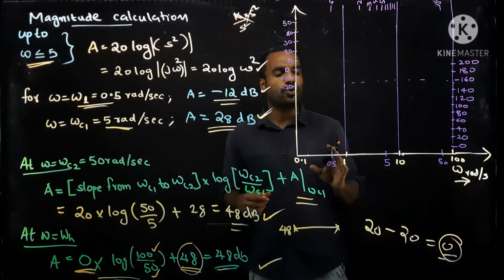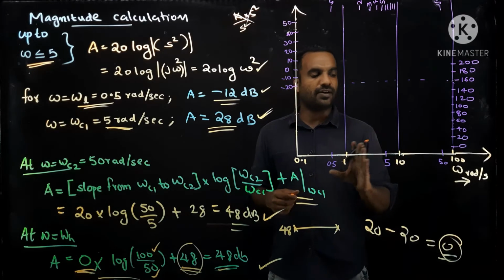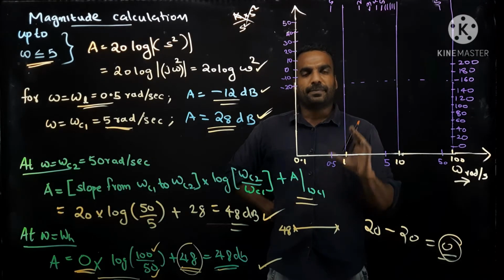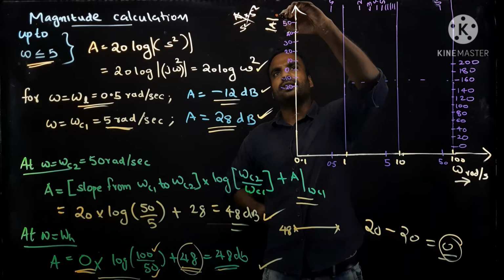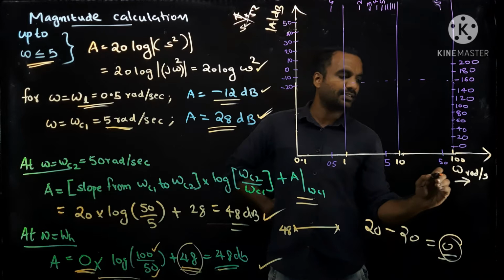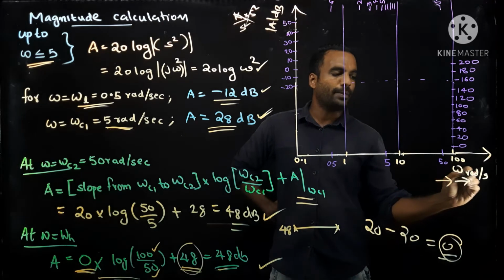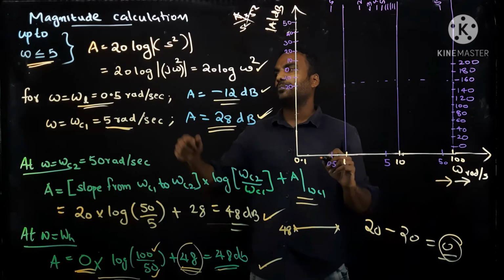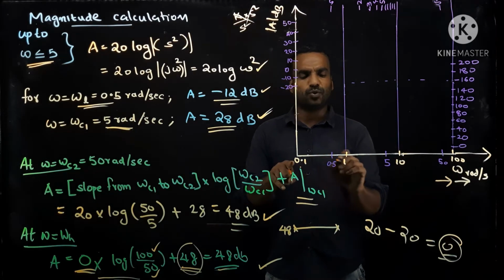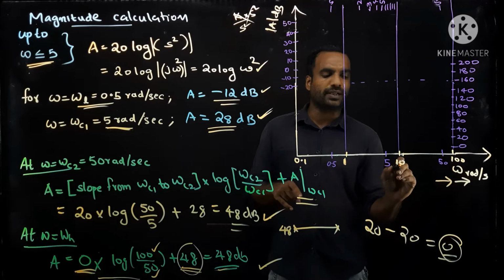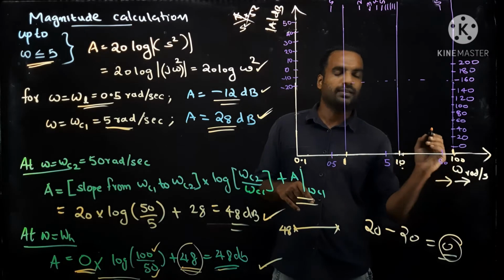Anyhow, now I am going to mark these points on our semi-log graph sheet. This axis represents gain in dB and this axis represents frequency omega in radian per second. The first point is 0.5. For the decade divisions, 0.1 to 1 is the first decade, 1 to 10 the second decade, 10 to 100 the third decade.